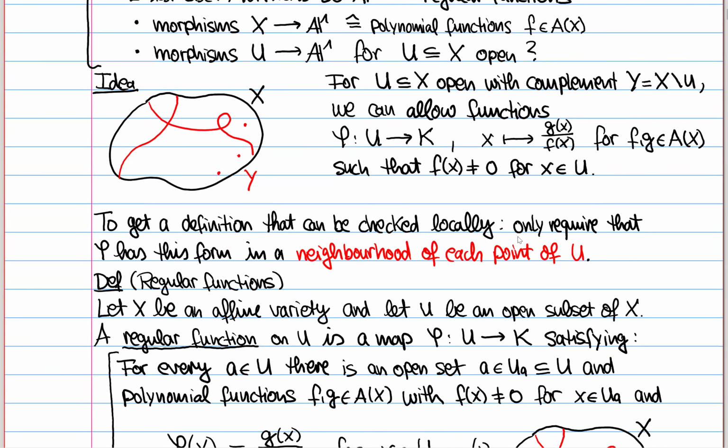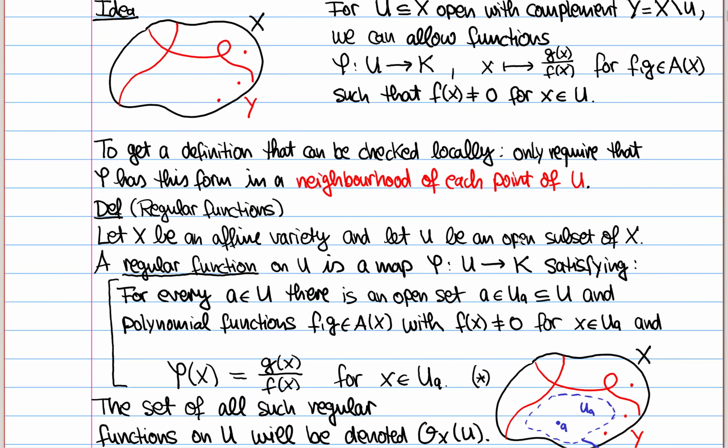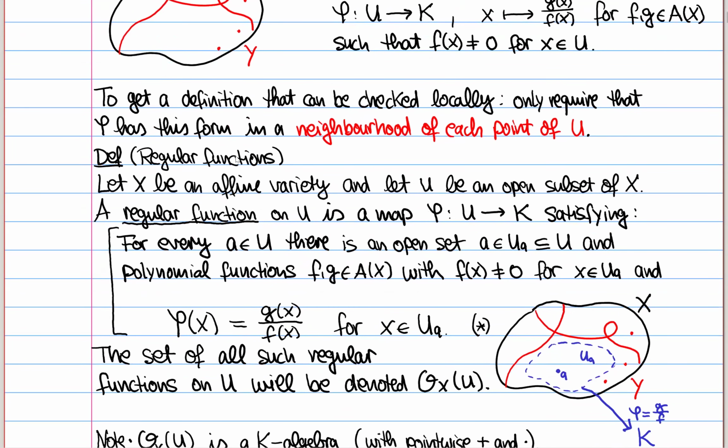And so now we come to the definition of regular functions. So the input is that X is an affine variety and U is an open subset in the Zariski topology of X. And then a regular function on U is first of all a map from U to K, which satisfies the following condition.